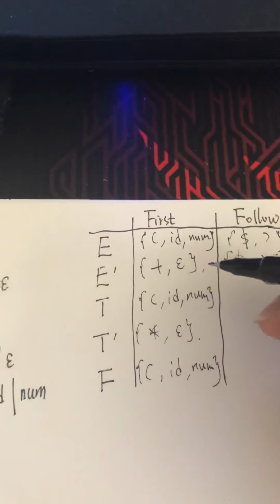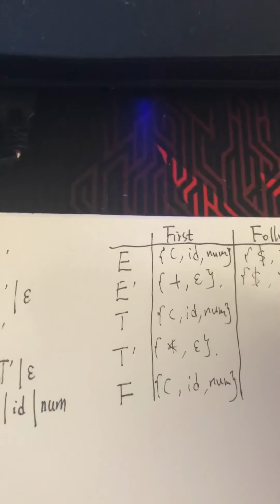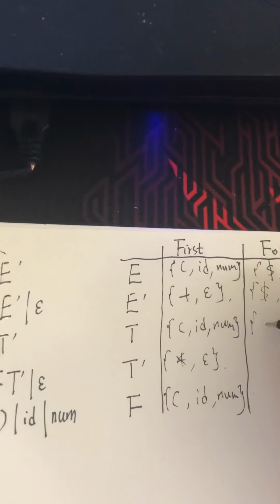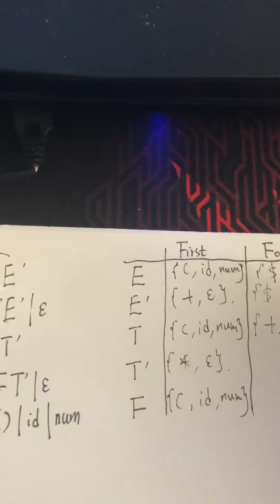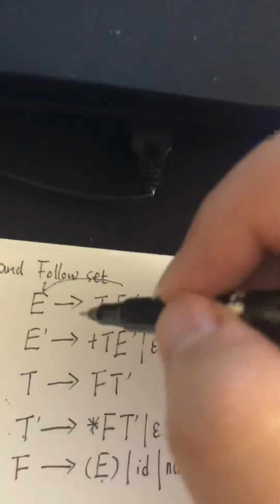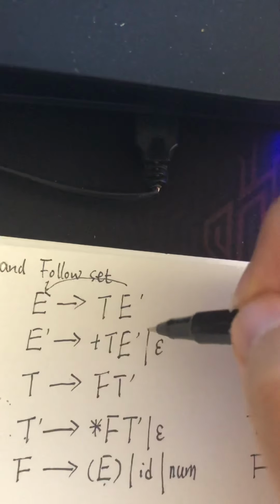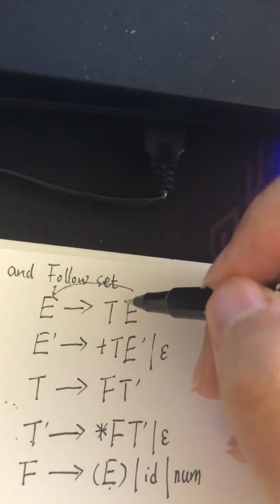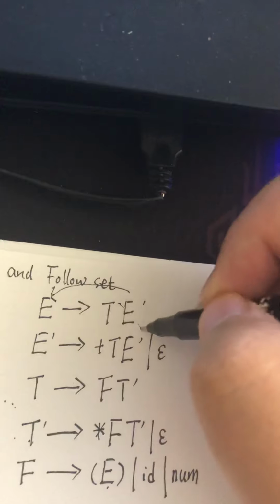It is plus or epsilon. So for the plus, we just add it here, but for epsilon, the E prime is equal to epsilon, so we can eliminate it.